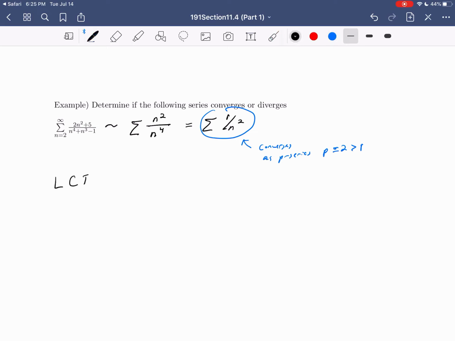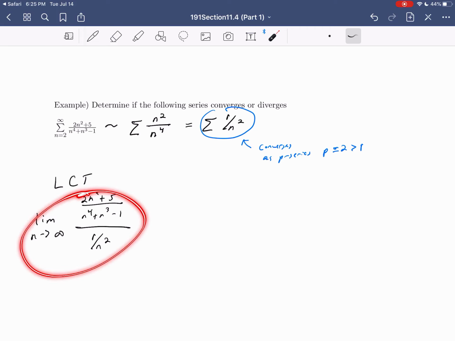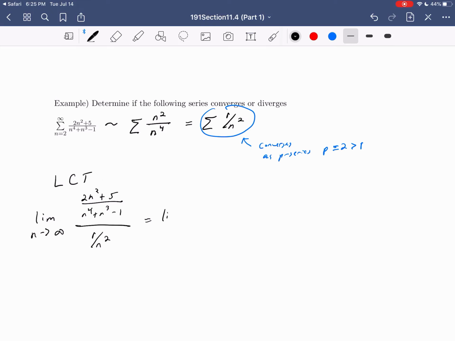How do we show that? Well, we do this LCT. We do the limit as n goes to infinity of 2n squared plus 5 over n to the 4th plus n cubed minus 1, divided by 1 over n squared, and we need to show that this limit is finite and non-zero. So let's flip up that n squared, and we get the limit as n goes to infinity of 2n to the 4th plus 5n squared over n to the 4th plus n cubed minus 1.